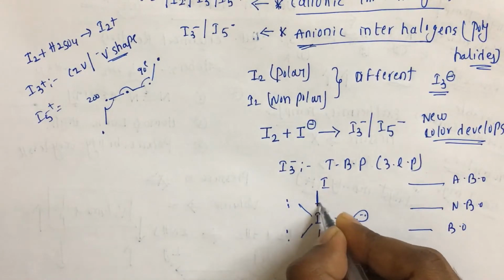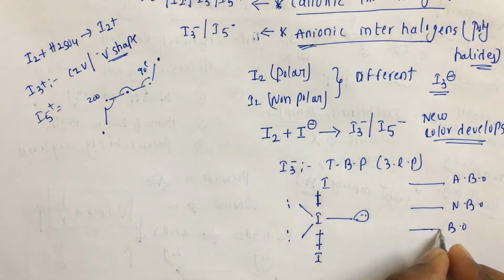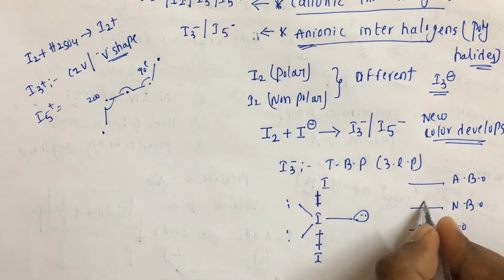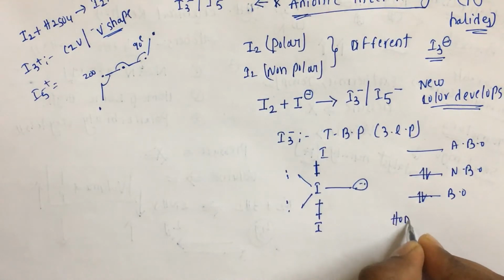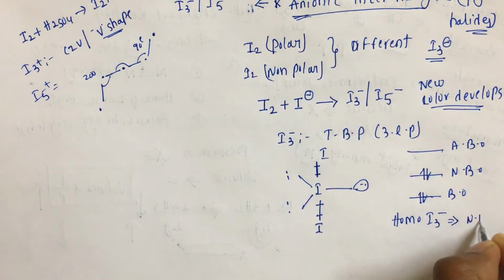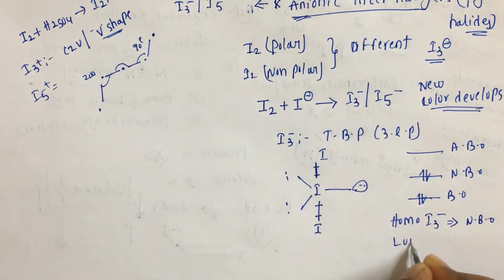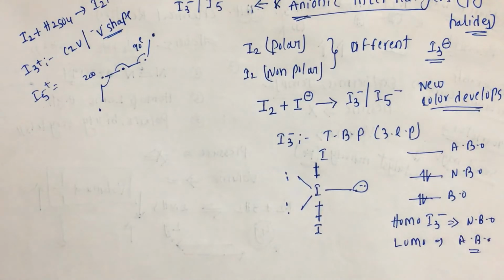Total how many bonding electrons here? 4 bonding electrons. Those 4 electrons we can arrange like this. A possible question may be, what is the HOMO in I3-? The HOMO is the non-bonding orbital, and the LUMO will be the anti-bonding orbital. So this may be a possible question.